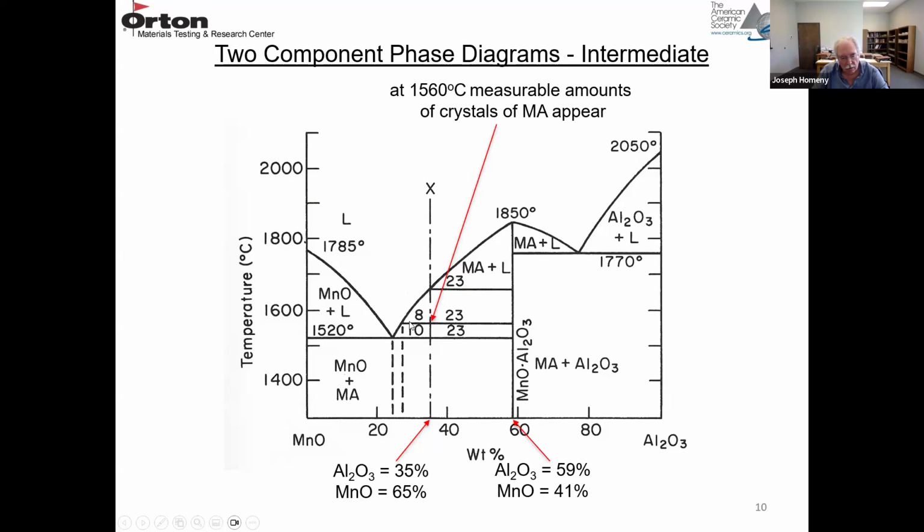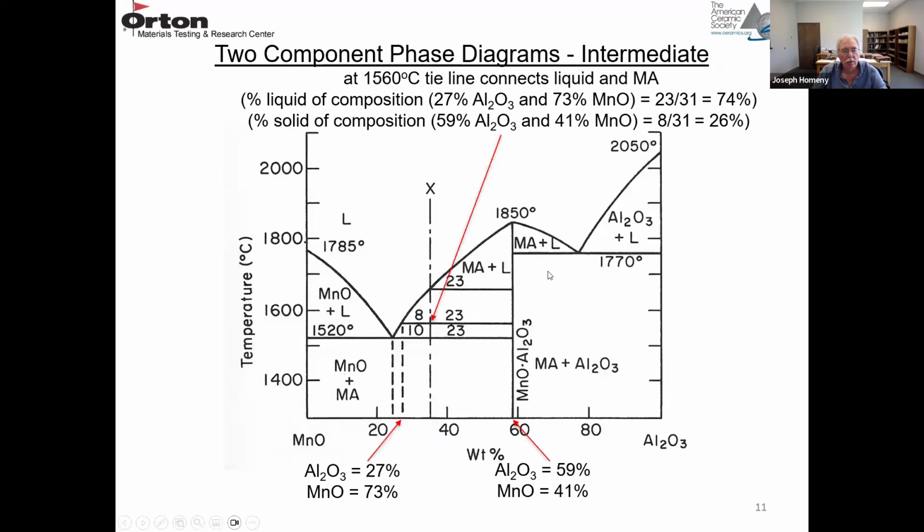And then this tie line is 31%, and this portion of the tie line is 23%, and this portion is 8%. So we take this tie line, 31% at 1560 degrees C. We're connecting the liquid and the crystals Ma. Now, the liquid has this composition. You drop the vertical line. It's about 27% alumina and 73% MnO.